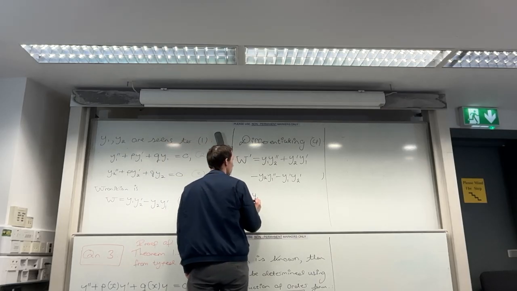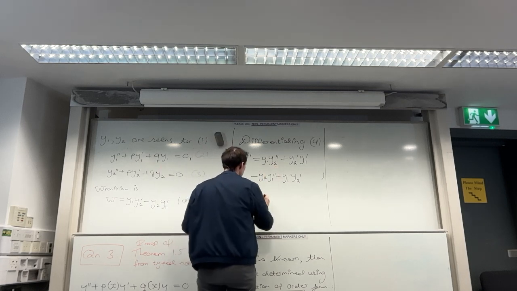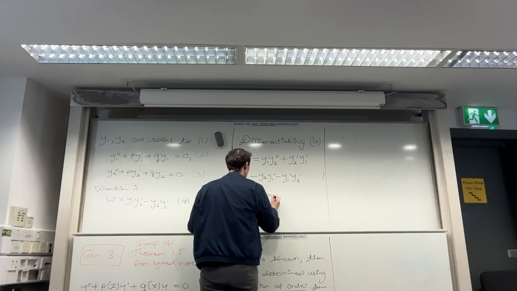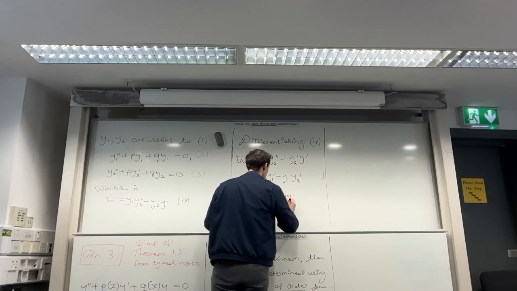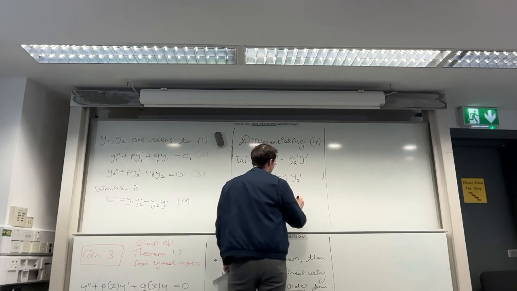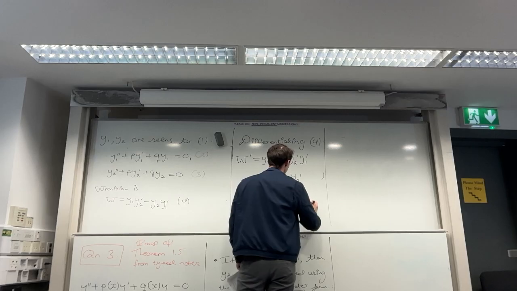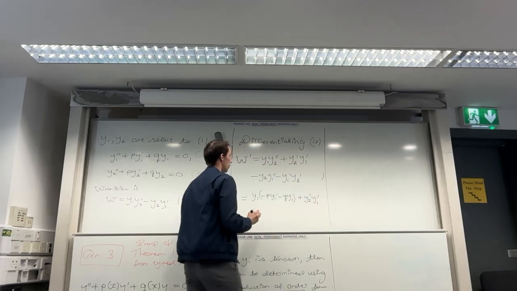Well, we get y1 times y2 double prime. Well, that's just going to be minus p y2 prime minus q y2. Sorry, the ones here should have been 2. And then the second term here just stays as is because it has no second derivative terms. So that just stays as y2 prime y1 prime.